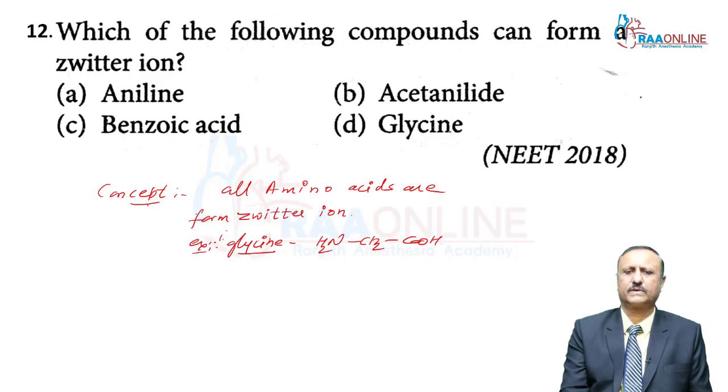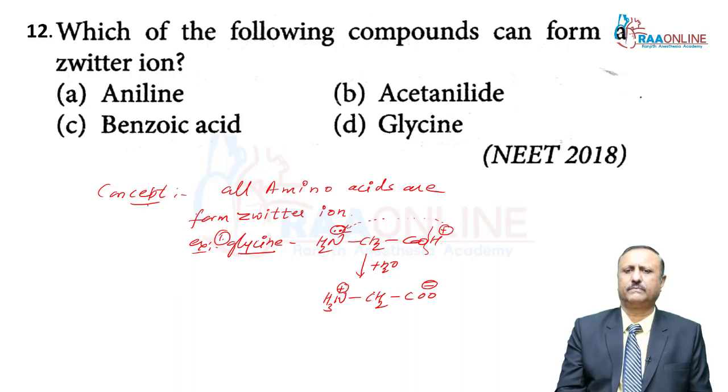Glycine is the simplest amino acid, and in this glycine, an acid group is present, and this glycine is dissolved in water. H plus ions are given by the acid group, and here is the lone pair of electrons of nitrogen. This H plus ion is accepted by the NH2 group and forms NH3 plus, CH2 and COO minus ions.